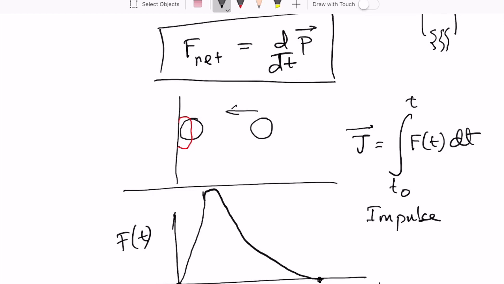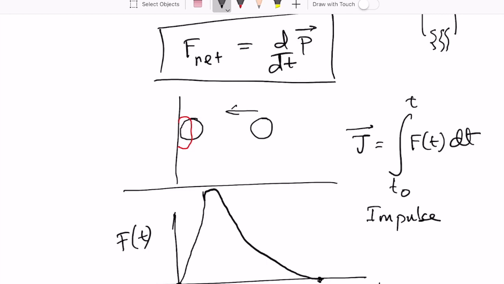Okay. Now, normally we don't have to actually evaluate this integral. Like if the force is given to you as a function of time, then you can just go ahead and evaluate this integral and find the impulse. But we don't normally have to do this integral, because we are generally satisfied by replacing this variable force by a constant force.